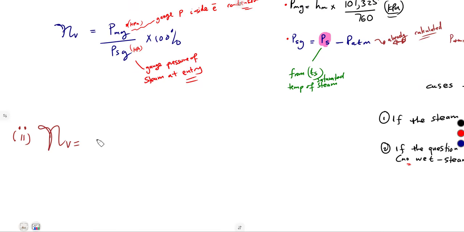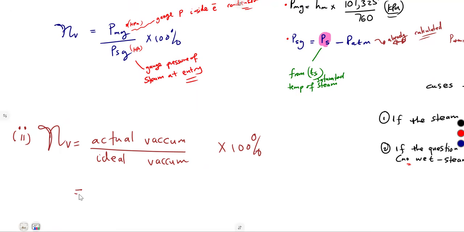The formula will be the actual vacuum. Instead of saying pressure, we talk about vacuum now. Mercury, from that mercury concept, over the ideal vacuum, where the actual vacuum is taken from the manometer reading.